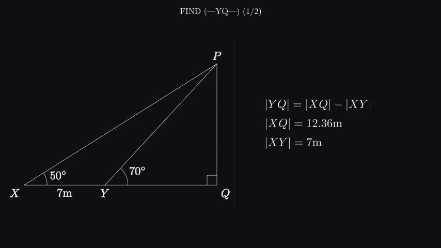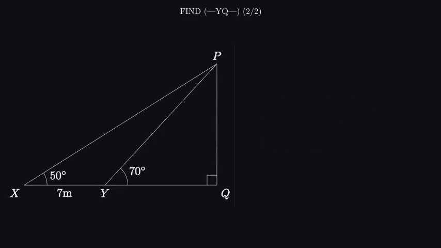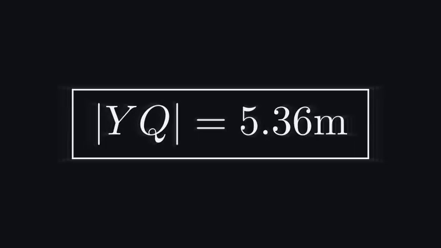Therefore, length of YQ equals 5.36 meters. Continue the calculation using the same diagram. The next steps are shown on the right. So the length of YQ is 5.36 meters.